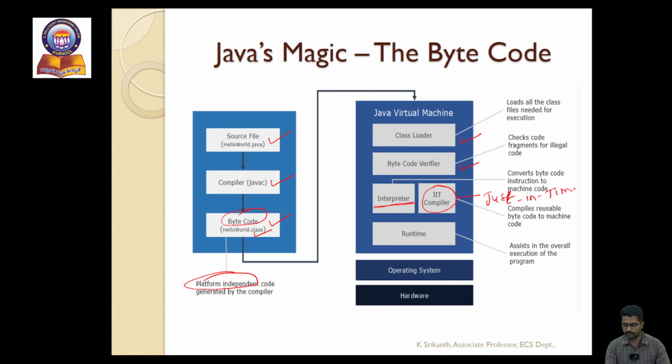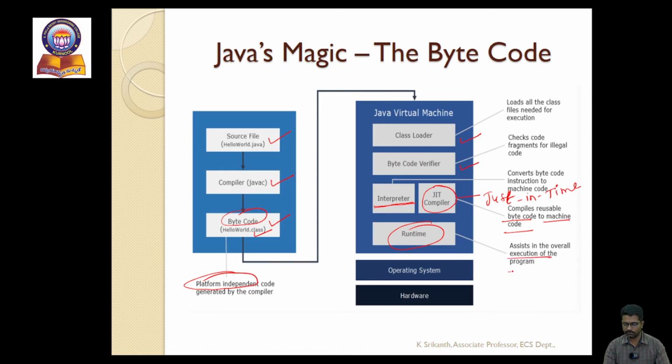The just-in-time compiler compiles the reusable bytecode into machine code, and the performance of Java language has been improved using it. And there is an environment called the runtime environment, which executes the programs and gives the result.